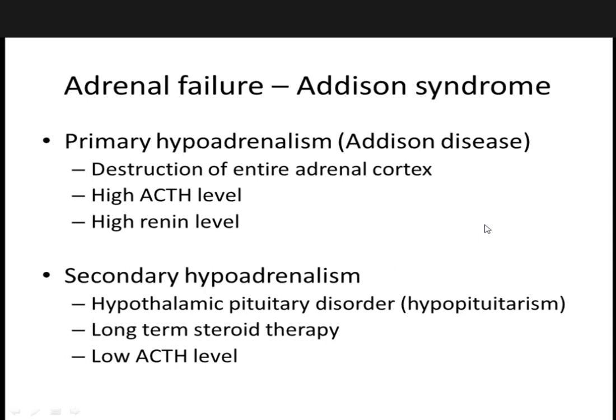In that instance, they will have low ACTH levels, but usually their aldosterone concentration will be normal, as the adrenal gland is producing aldosterone through the renin angiotensin aldosterone axis.